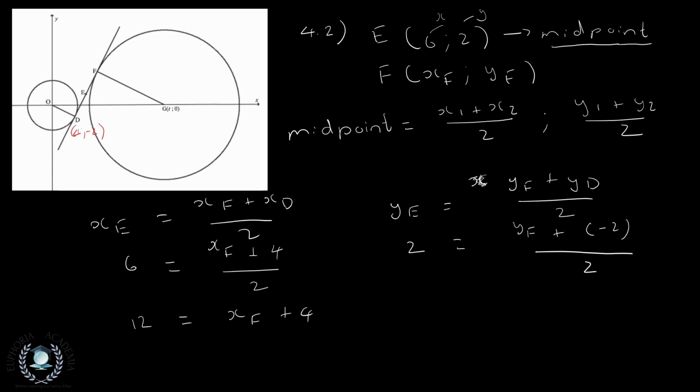This will be equal to 4 will be equal to yF minus 2, which means ultimately xF is equal to 8, and then yF is equal to 6. So the coordinates of F are (8; 6).